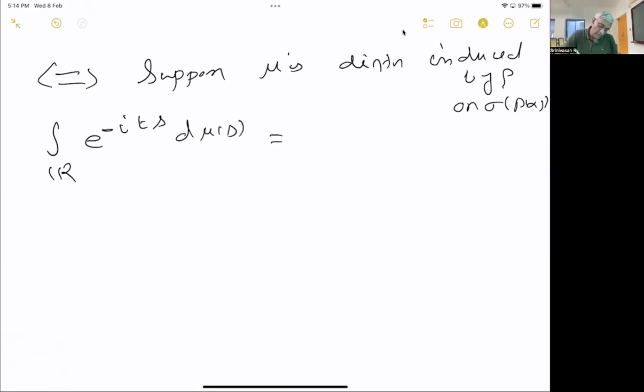This is actually equal to the trace of e^{-i t P(alpha)} rho. This is equal to this.